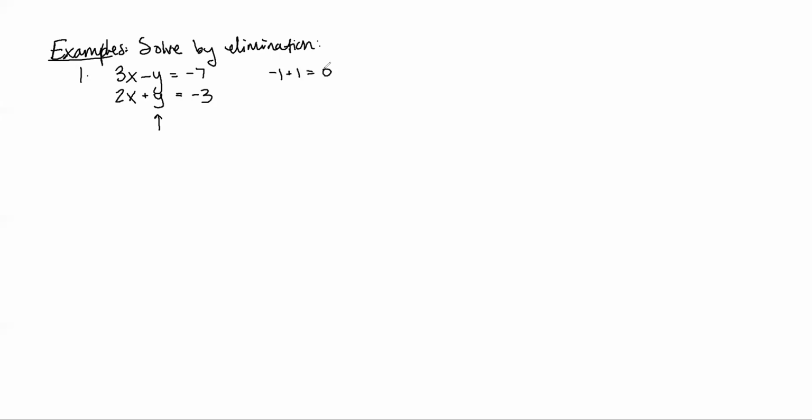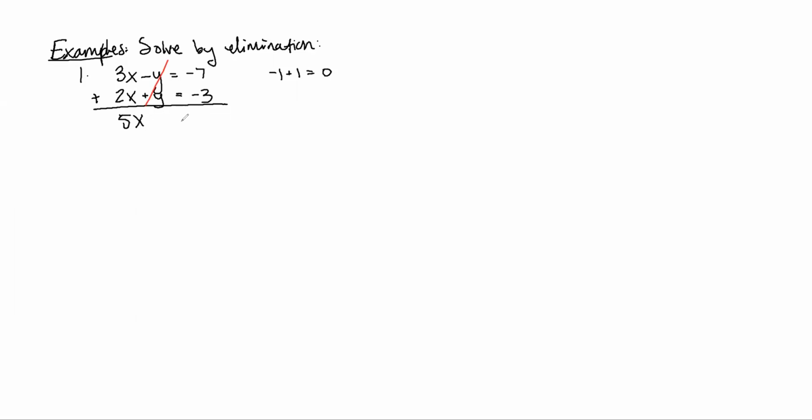And so the reason why this method is also called addition is because if we were to go ahead and add these two equations together, we're going to do vertical addition, so you want everything to line up. 3x plus 2x is 5x. -y plus y, well, those are opposites, so those cancel.